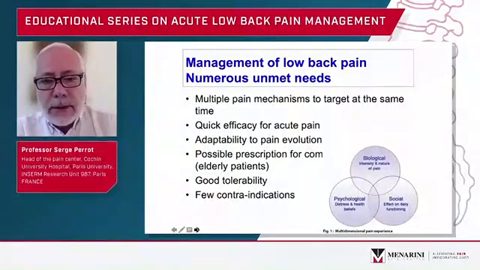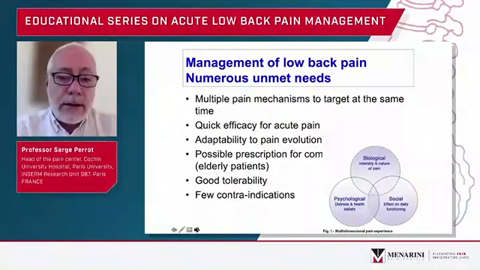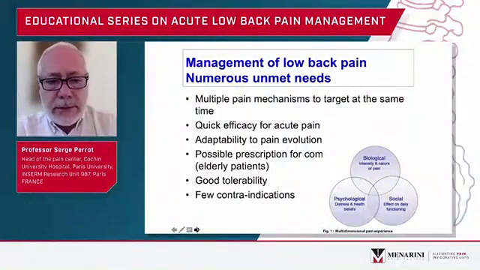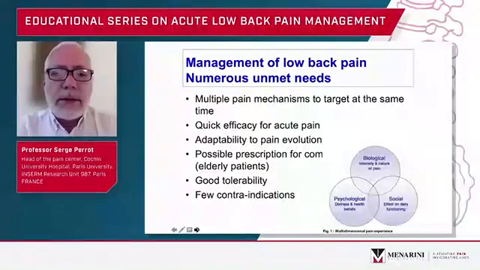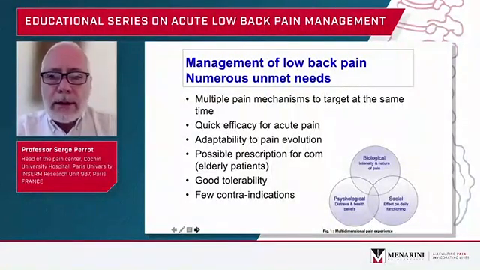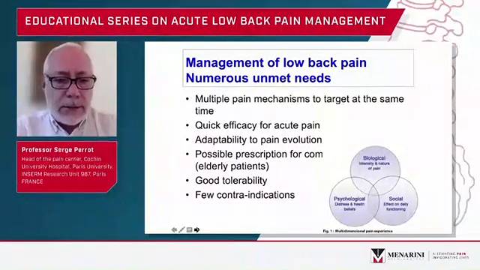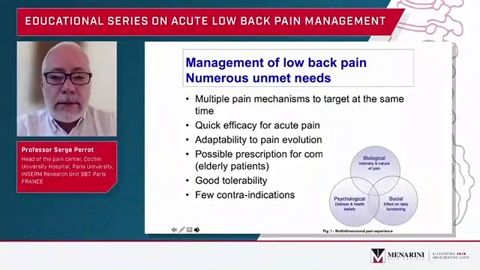There are some patients that are more fragile, like elderly patients, so we should treat these patients with treatments that are adapted to this category of pain. The treatment should be tolerable, and there should be very few contraindications, because this is a very frequent condition.